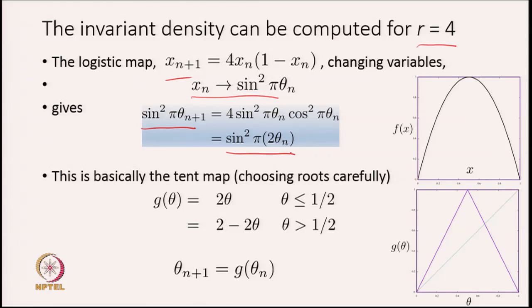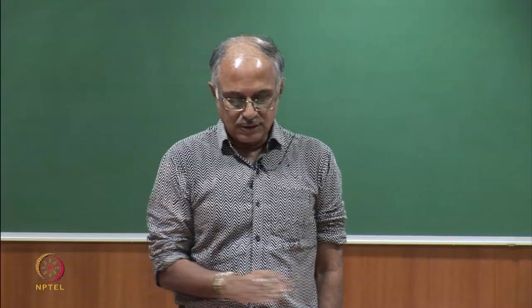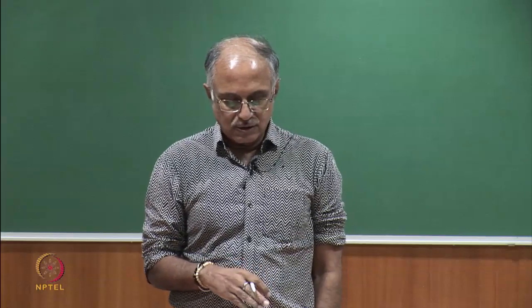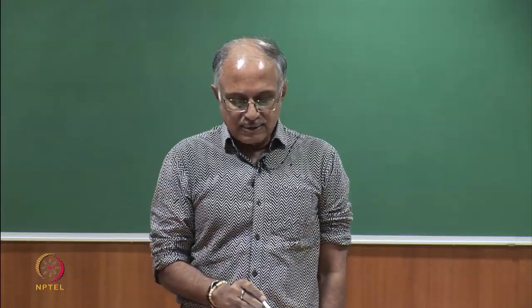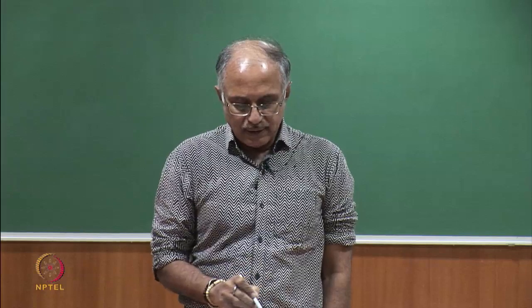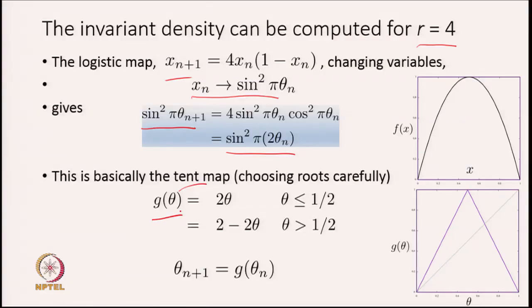So, just analyzing this particular equation, looking at the roots of these various signs and so on, you note that this is basically the tent map, namely g of theta is 2 times theta for theta less than a half, and 2 minus 2 theta for theta greater than a half. So, you see this is the correspondence between these two maps, the logistic on the one hand and the tent on the other hand.